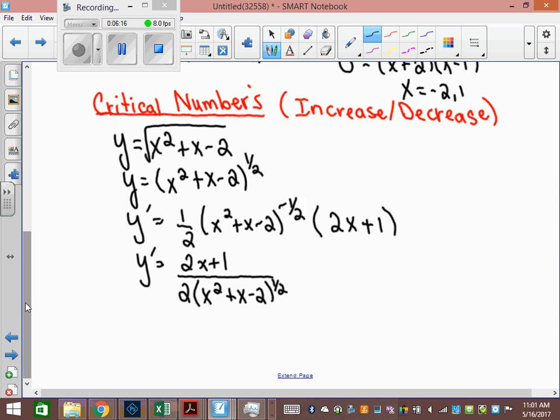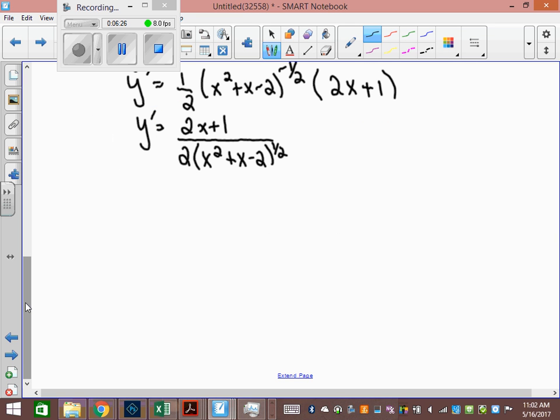If you did the second derivative of this, you'd have to use quotient rule with chain rule. So what are our critical numbers? Well, you take the top and you solve it out. Everyone be okay with that? So our critical number for the top is negative 1/2, right? For the bottom, you take x squared plus x minus 2 to the 1/2 and you set it equal to 0 and solve, correct? How do you get rid of the 1/2?